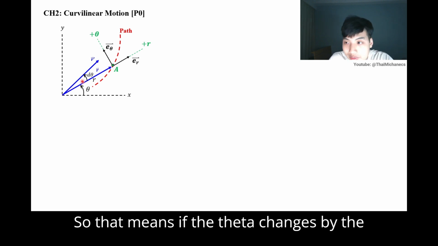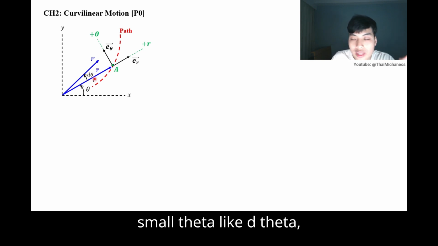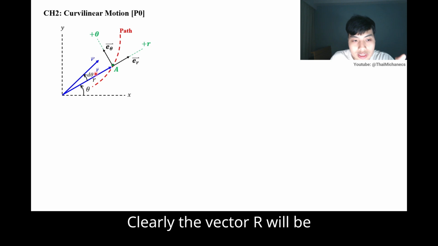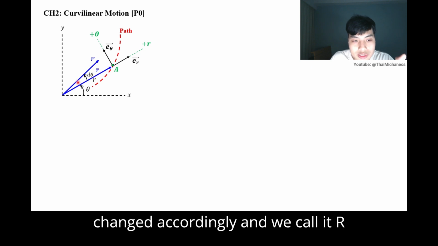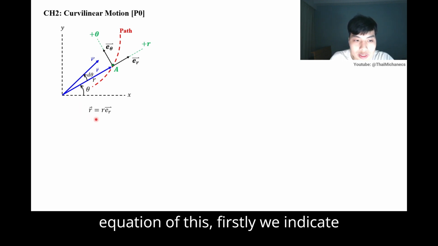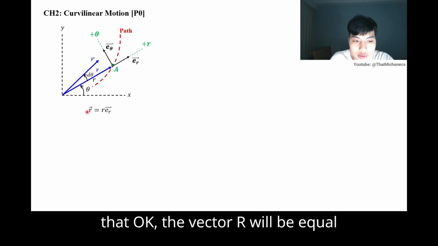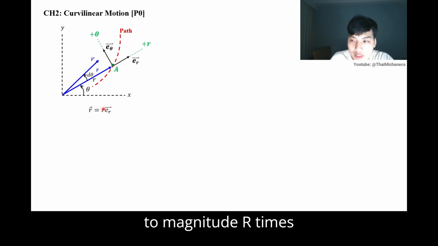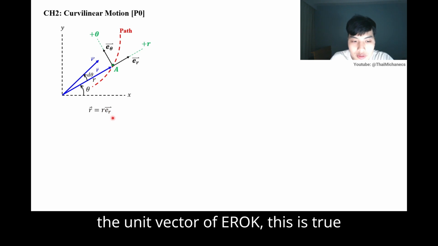So if theta changes by a small amount d theta, clearly the vector r will change accordingly, and we call it r prime. To write the equation, firstly we indicate that the vector r is equal to the magnitude r times the unit vector e_r.